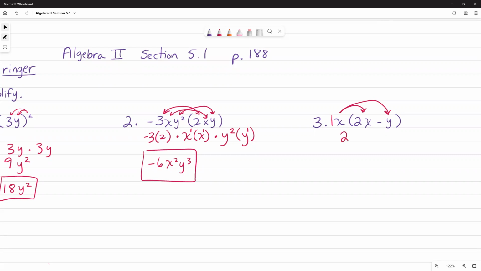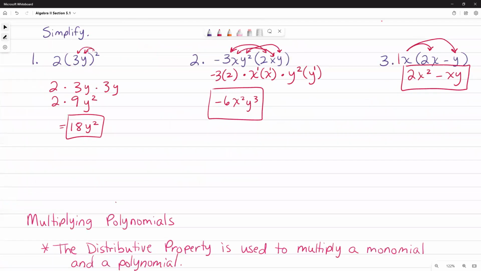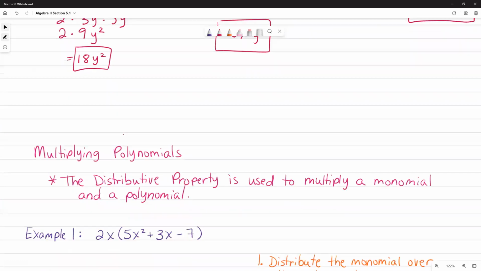So it just becomes 2x squared. And what's x times negative y? Negative xy. There we go. Okay. Kind of somewhat mostly remember this. I can put the property of exponents back on my bulletin board if I need to. And the polynomials, well, we'll get enough practice. I think they'll start to make a little more sense.